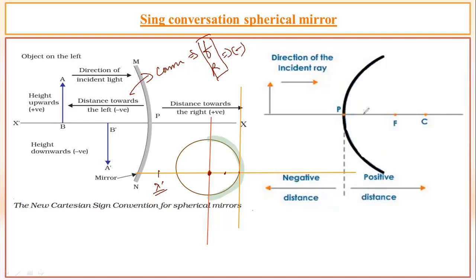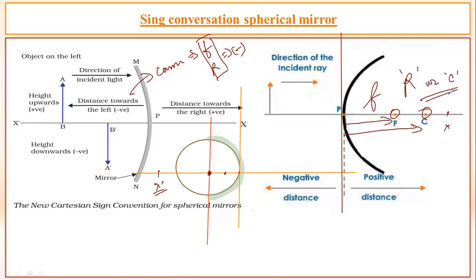Whereas for the convex mirror, we find that its center of curvature and its focus lie on the other side, on the x-axis. Hence, we take its distance, f, or r for the radius of curvature, or the center of curvature, as a positive sign.